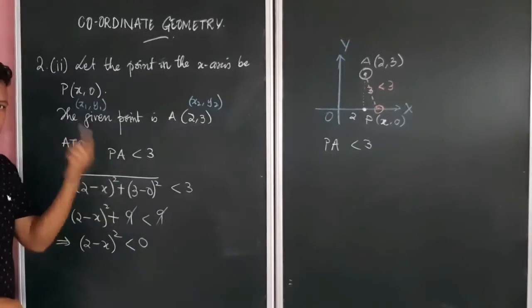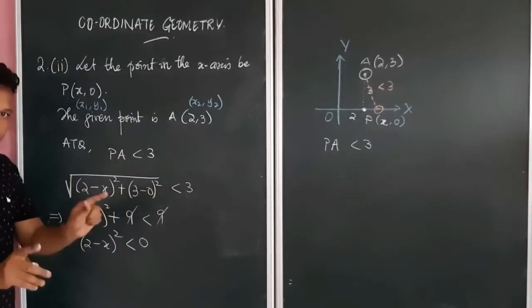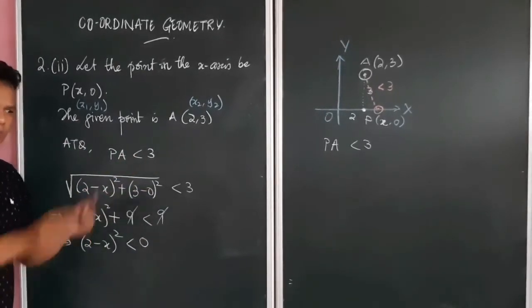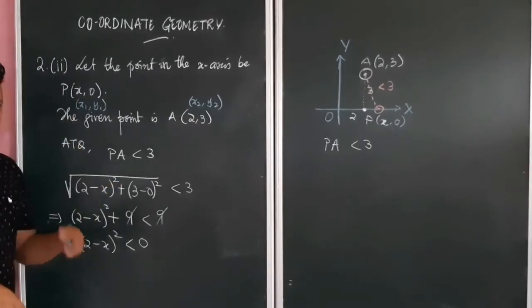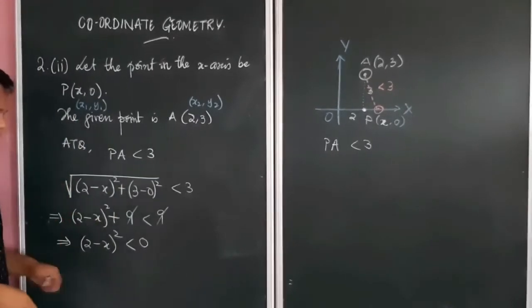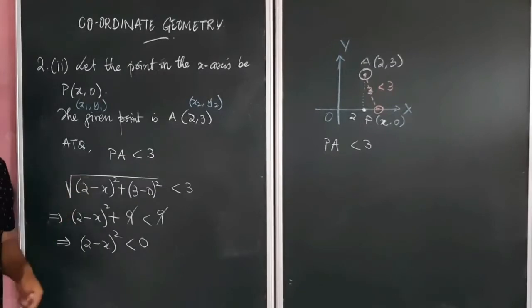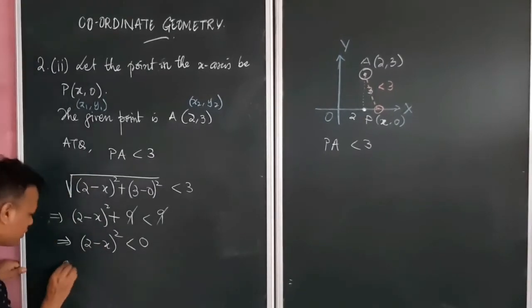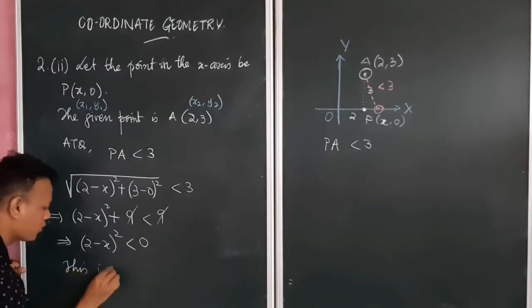For example, if you take 3, 3 square is 9, it is not negative. If you take minus 3, minus 3 whole square is how much? It is again 9. So that's why I can say the square of any number will never be negative, right? So this is not possible.